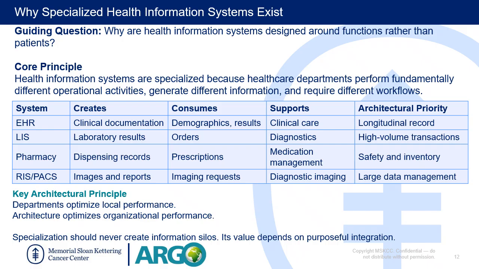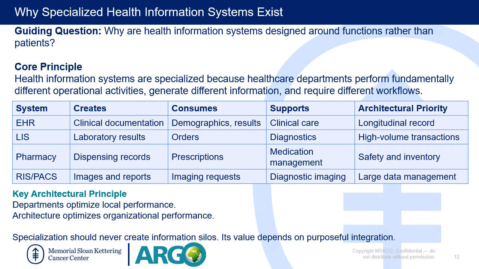Now, specialized systems evolved because, as we said, each clinical department has unique operational requirements, right? Like the lab must track their specimens in a certain way and do their quality assurance in a certain way, right? They generate information unique to them. Unlike the pharmacy, for instance, that prioritizes medication safety, e-prescription, and inventory control. So these differing needs require tailored applications, right?